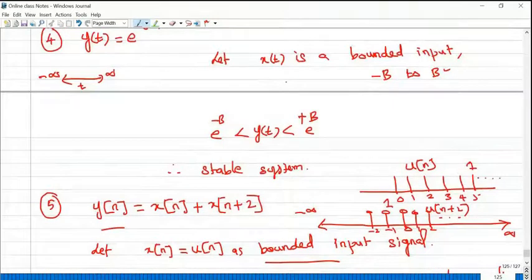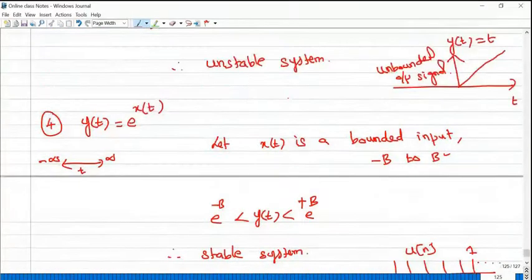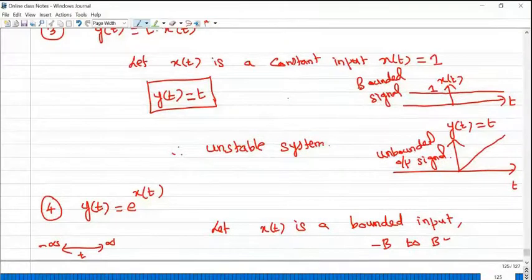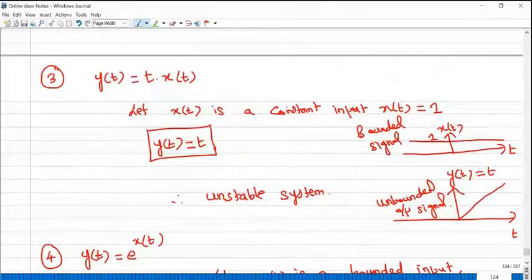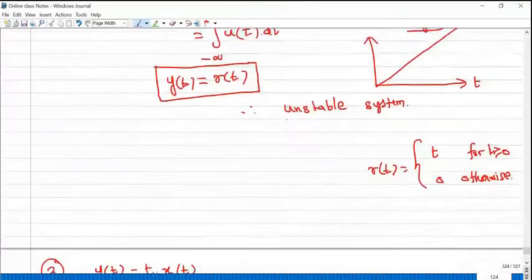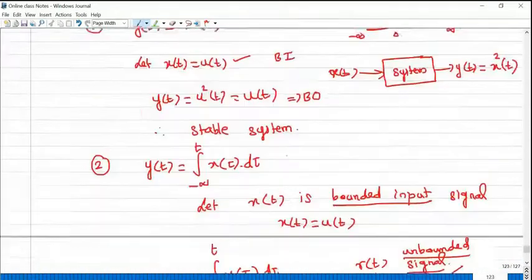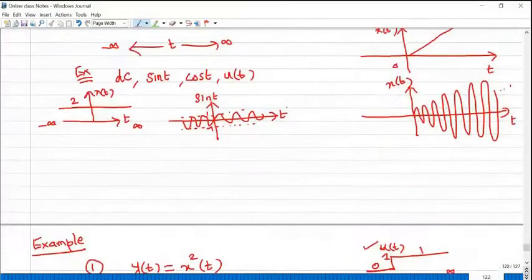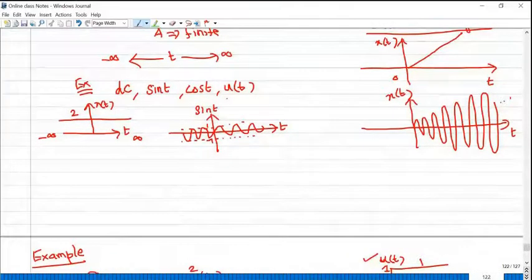Out of all the classification of system, stability checking, there is no fixed rule. In general, it is a bounded input signal. But we cannot check for all the input x of t or x of n equal to a DC value or sine function or cos function or u of t value. It's very difficult.